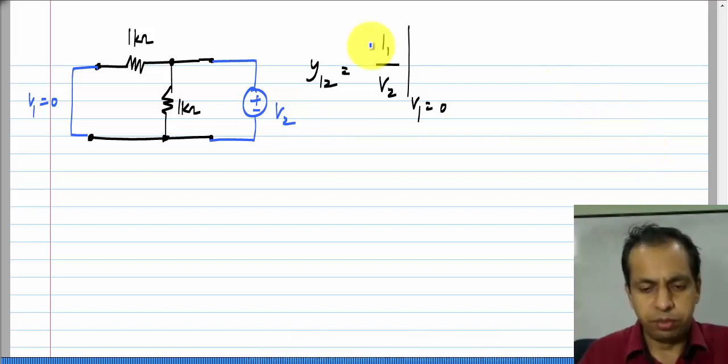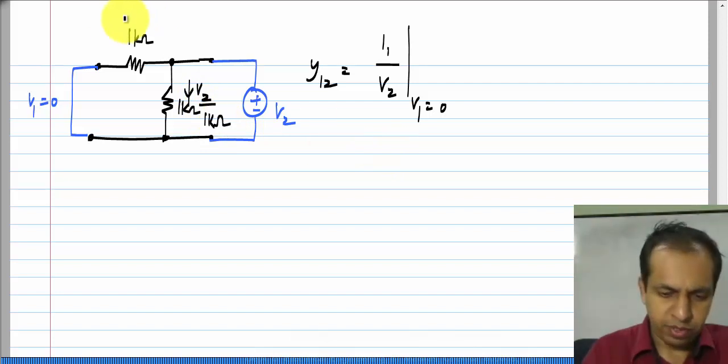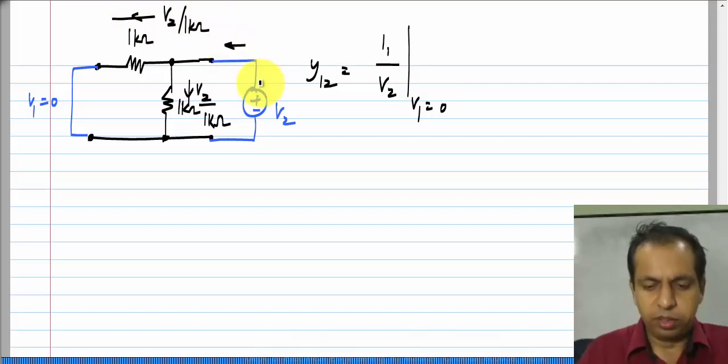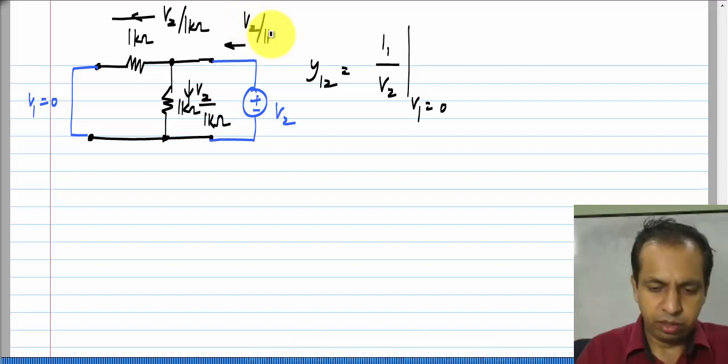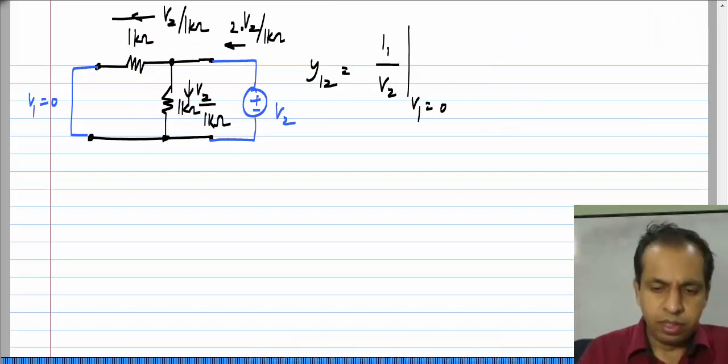Okay. So, if I apply V2, what happens? First of all, there is a current V2 by 1 kilo ohm in that direction, and there is a current V2 by 1 kilo ohm in that direction, and the current that goes in here is the sum of the currents in the two resistors, which is V2 by 1 kilo ohm times 2. Okay. It is basically this plus that.